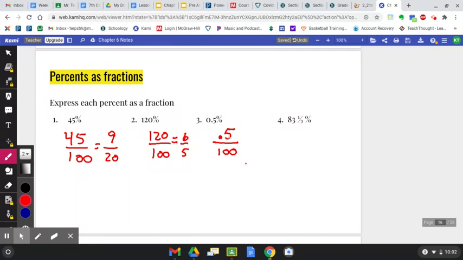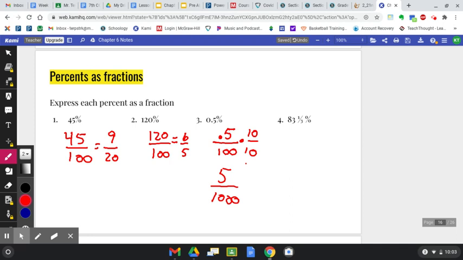To move a decimal to the right, we have to multiply by 10. If I multiply by 10, it moves it 1 to the right. If I multiply by 100, it moves it 2 to the right, and we'll be doing that later on in this section. But 0.5 times 10 would be 5, and 100 times 10 is 1,000.